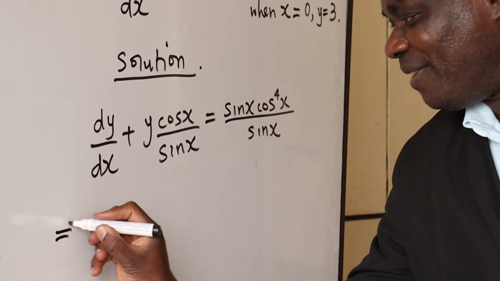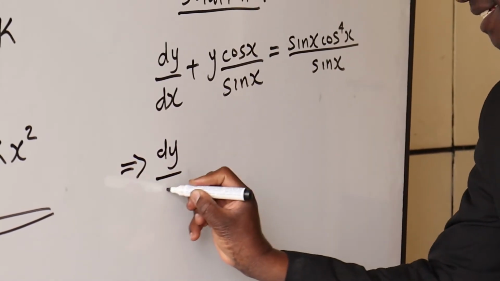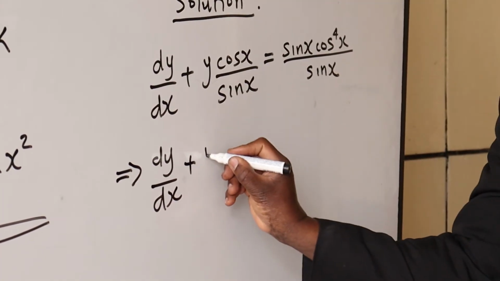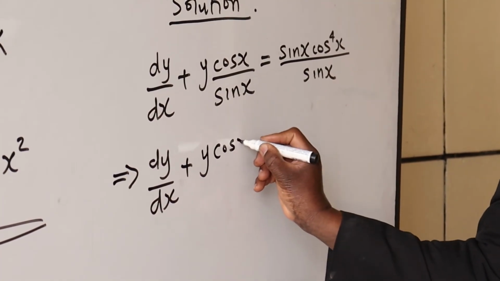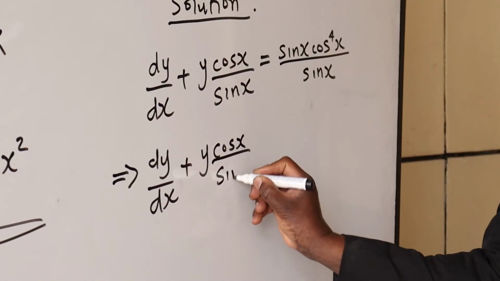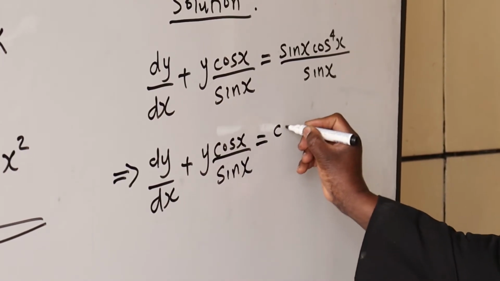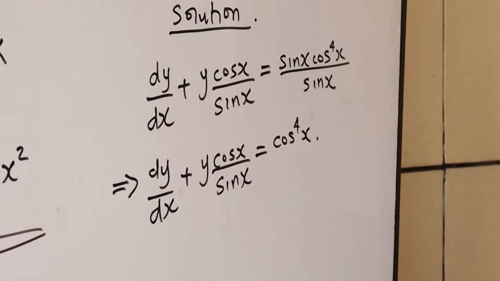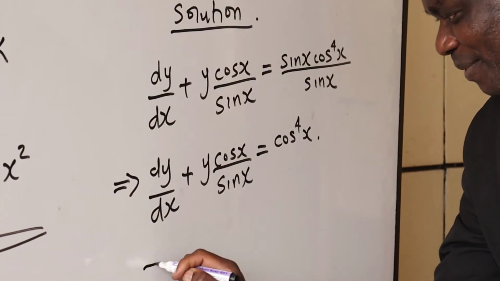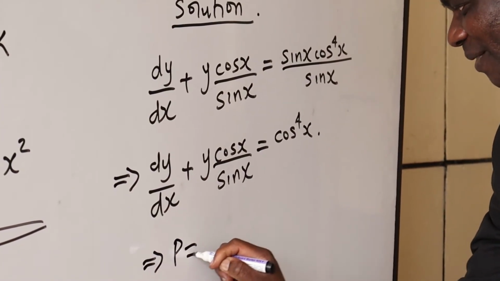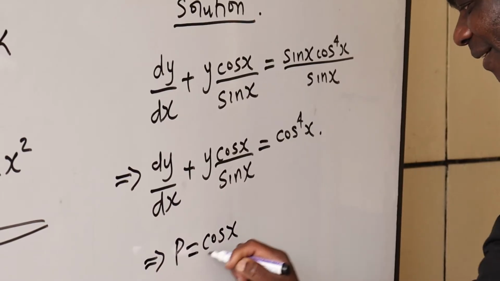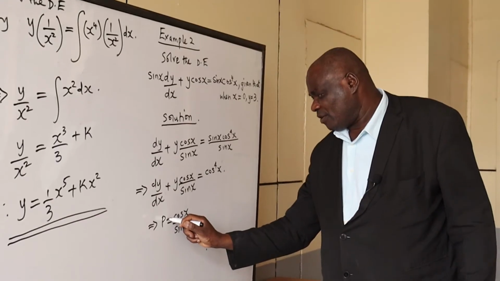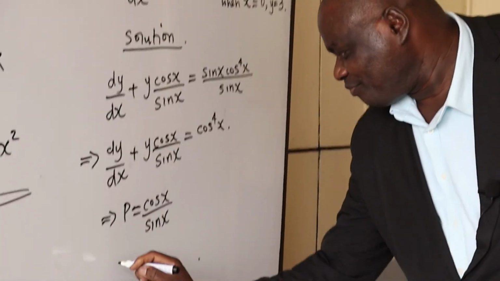This simplifies to dy/dx plus y cos x all over sin x is equal to cos to power 4 x. So this implies what? Our P now is cos x all over sin x.